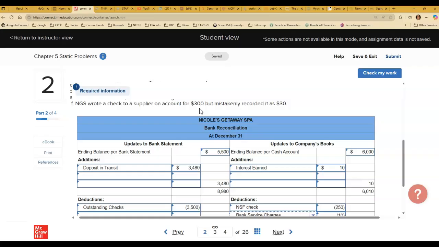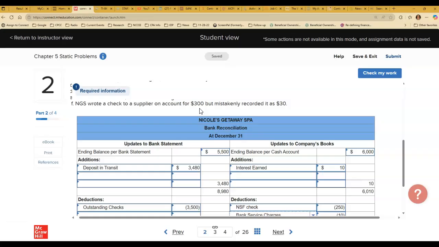And somebody came back to the office and said, give me a $300 check. So I'm going to pay off some of this balance so we can get another order going. All right? So we type the check for $300. But when we key it into the accounting system, we accidentally drop a 0. So it's only been recorded in our accounting records for $30.